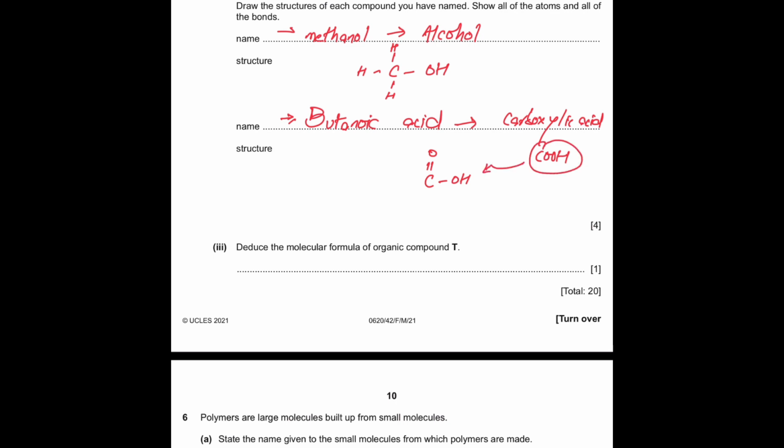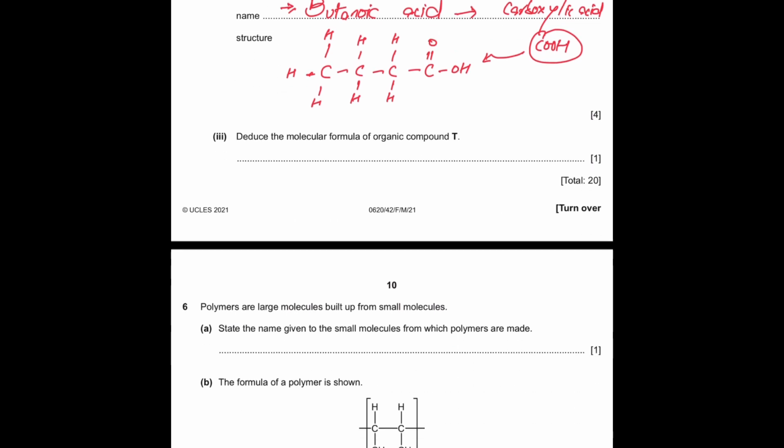So here's the first carbon and 3 more carbons along with it, so the total carbons are now 4. So we have to add hydrogens over here. So that is butanoic acid.